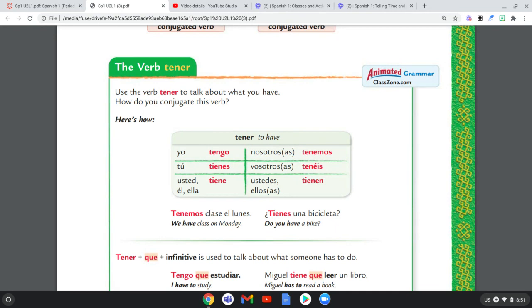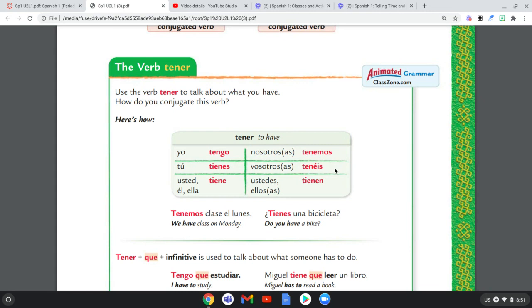So if it's like me and my friends have math class in the morning, I could say mis amigas y yo tenemos matemáticas en la mañana. We have math in the morning. Or if I don't want to say my friends and I, I can just say we have math in the morning, right? Nosotros tenemos matemáticas en la mañana.